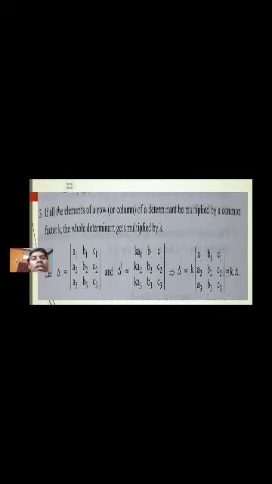You can apply this for numbers also. If two rows or columns of a determinant are identical, then its value vanishes or is equal to 0. That means if two rows are equal, then its determinant is 0.